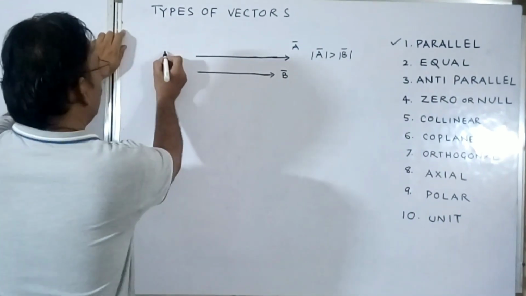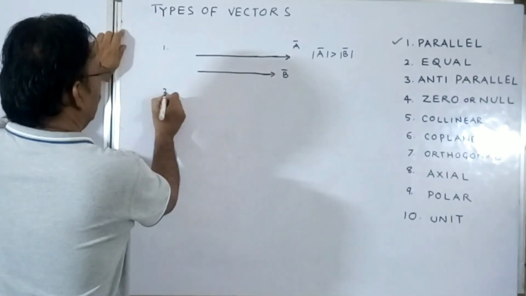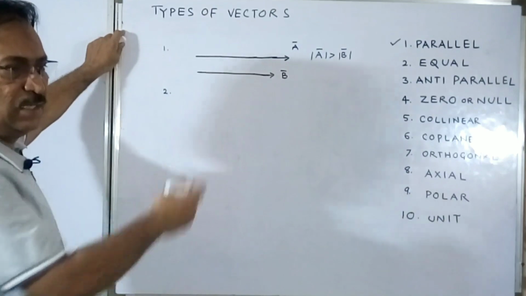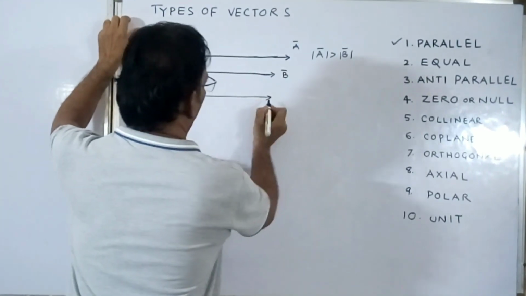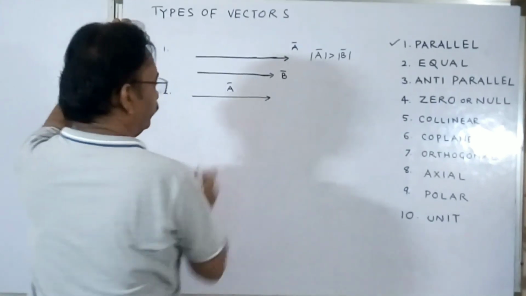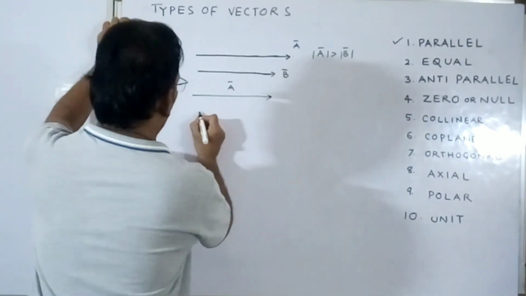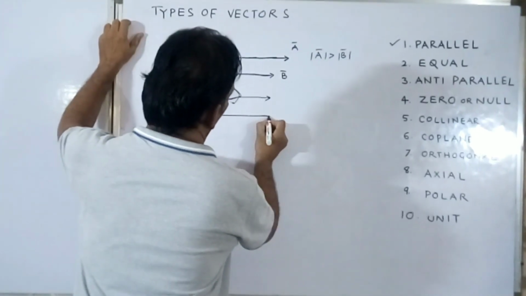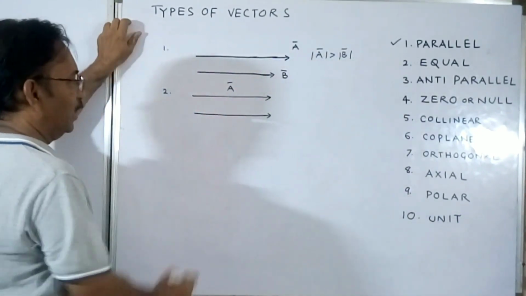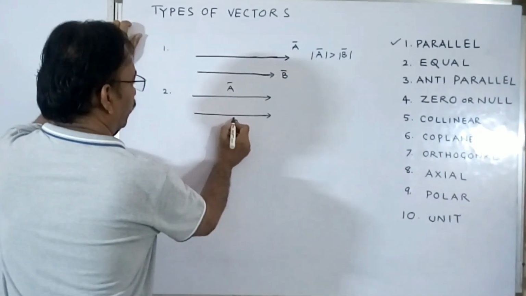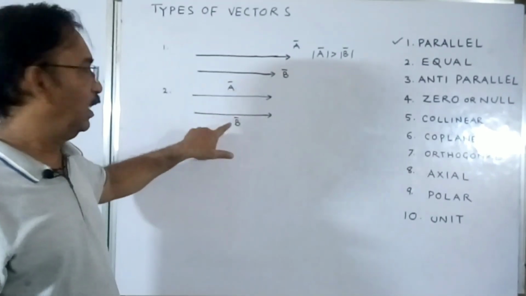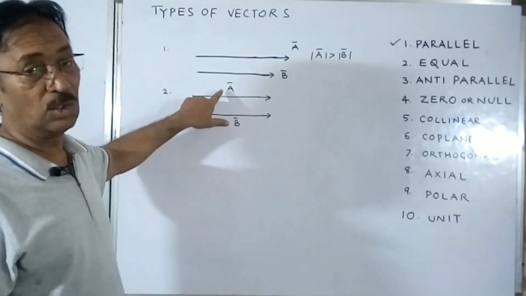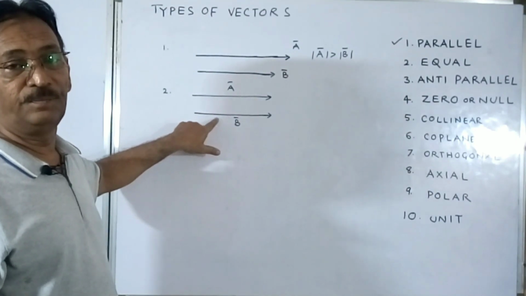Then we come to the second, equal vectors. It is just an extension of this. Let's say it is a vector A bar, and we have one more, B bar. These two vectors are said to be equal vectors, and they are also parallel vectors.